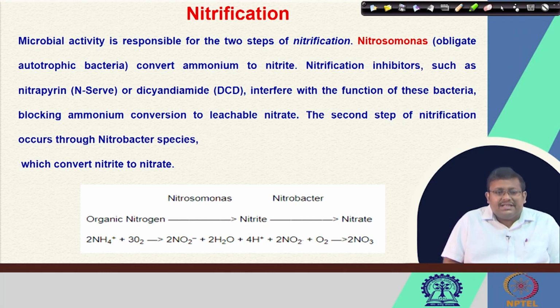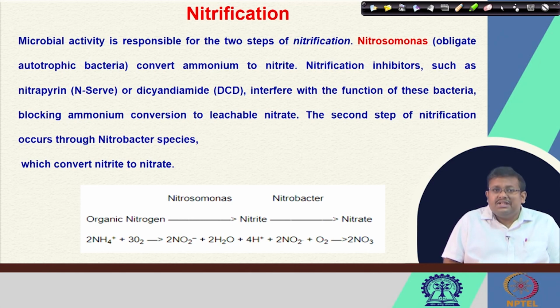So, to arrest or stop this rapid conversion of ammonium to nitrite, so that nitrate production is reduced, we generally apply different types of nitrification inhibitors.